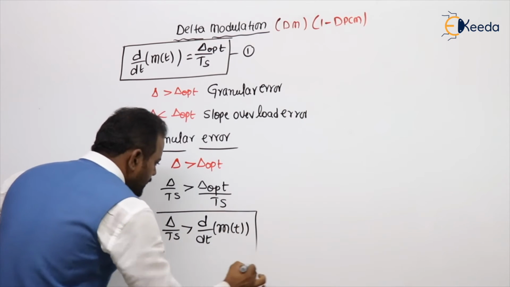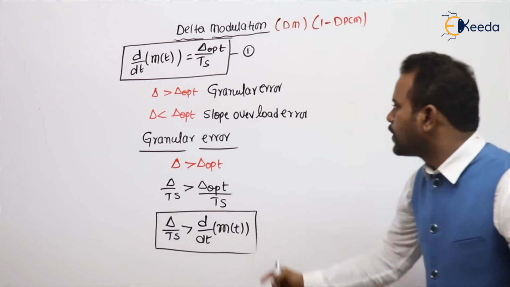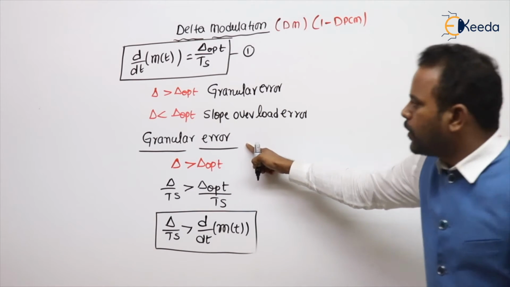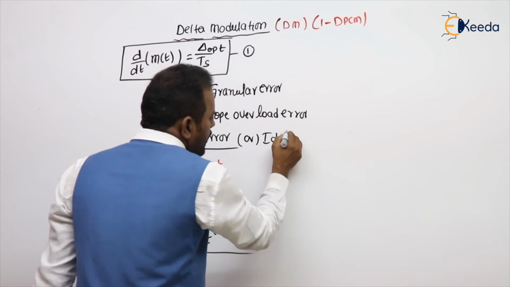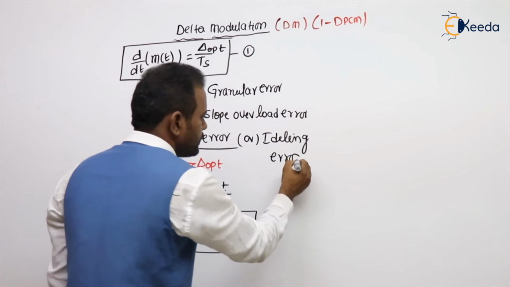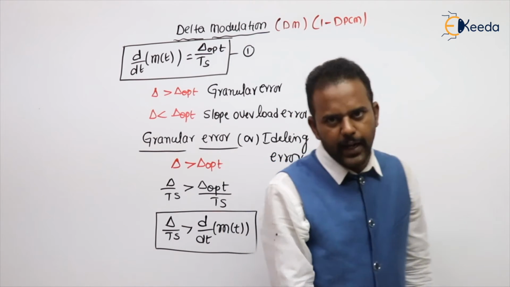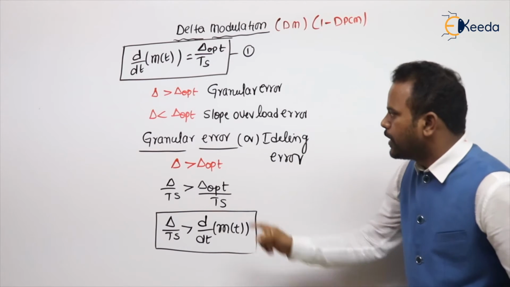This is the condition for signals having granular error. Granular error has another name also: idling error.